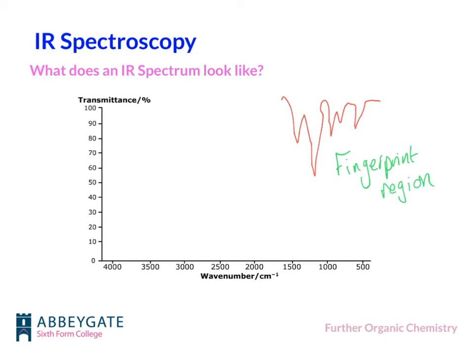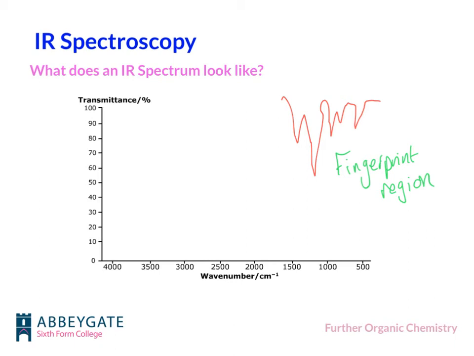So this is low energy, and this is due to the whole molecule vibrating. It's called a fingerprint region because every single molecule can be identified by it. So if you've got a database of all the different molecules that exist, you can look them up, and if you've got a pure sample, you will be able to tell from the fingerprint region definitively that it is that exact molecule.